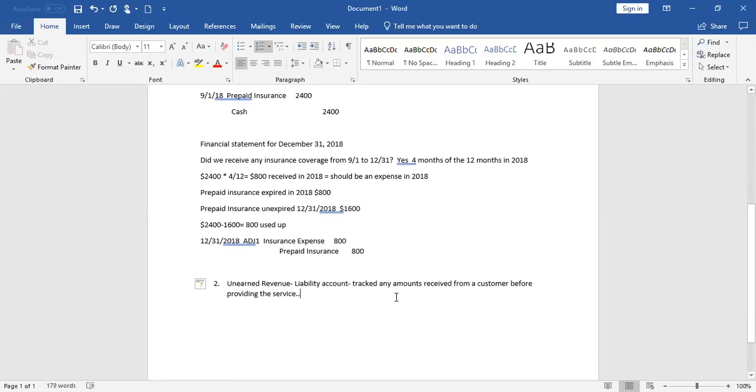And we saw that introduced in chapter 2, which created this liability account, unearned revenue. Now, that's not the adjusting journal entry, that's what created the account. But we're going to take a look now at an example and show you the adjusting journal entry that results from this unearned revenue.